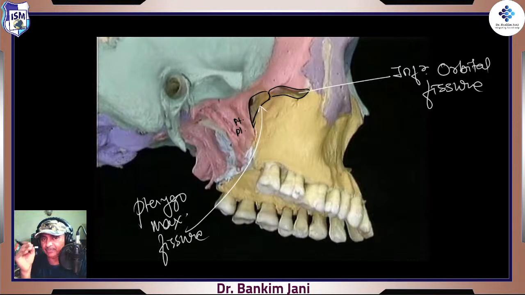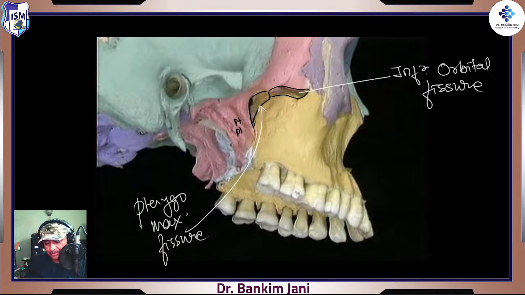It means now whenever we'll be talking about the structures which will be passing through pterygomaxillary fissure, immediately we'll know that they will be coming from this area. And yes, it would be covered by the zygomatic arch. And then there would be temporal fossa. And in that temporal fossa, there would be temporalis muscle, right?